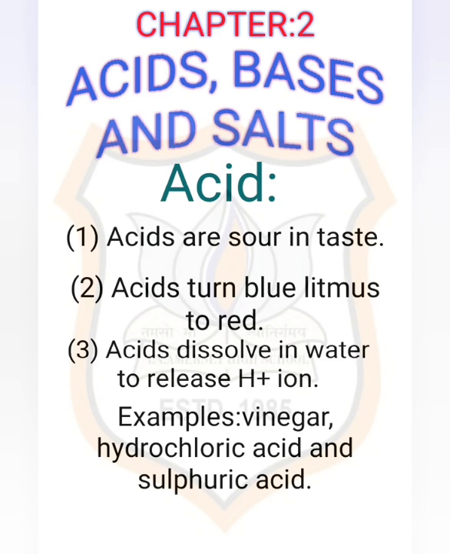So let us recall about litmus. Litmus is a natural indicator. Litmus solution is a purple dye which is extracted from lichen, a type of plant, and is commonly used as an indicator. When the litmus solution is neither acidic nor basic, its color is purple.